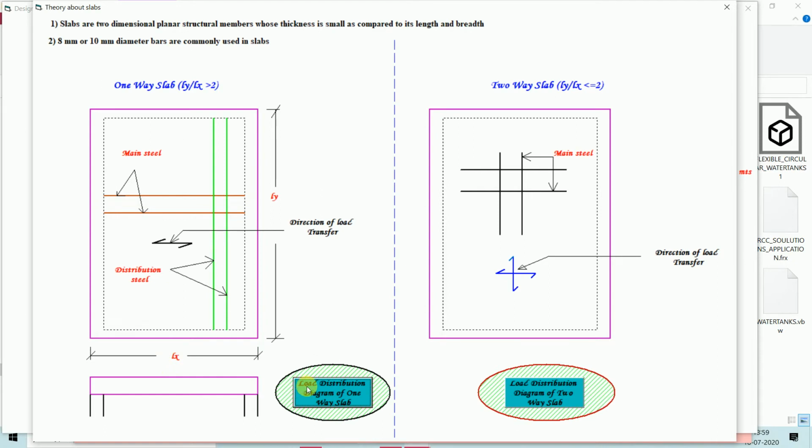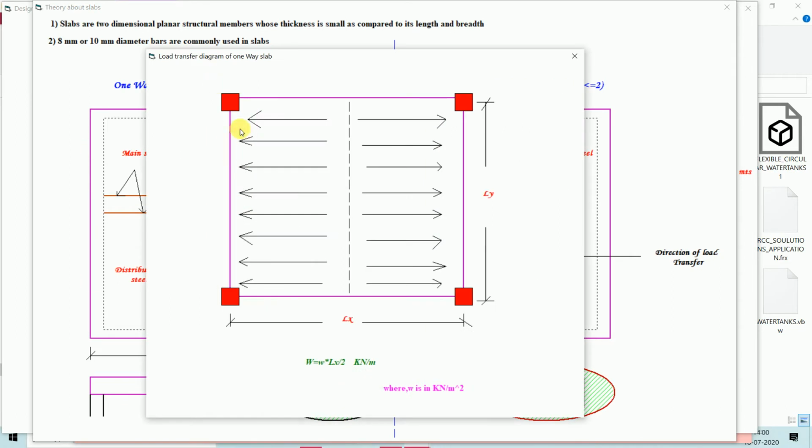You can see here the load distribution diagram of a one-way slab. Just click on this and you will get a pop-up window. In that you can see the load transfer mechanism in a one-way slab. Half of the load will transfer along the Lx in this side and half of the load will transfer in this side, where W is equal to small w into Lx by 2.